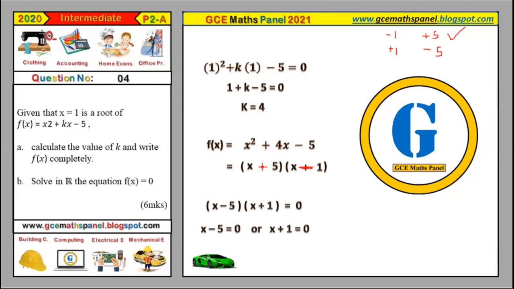So x plus 5 is equal to 0, x minus 1 equals 0, and this gives us x equal to minus 5, or x equal to plus 1.